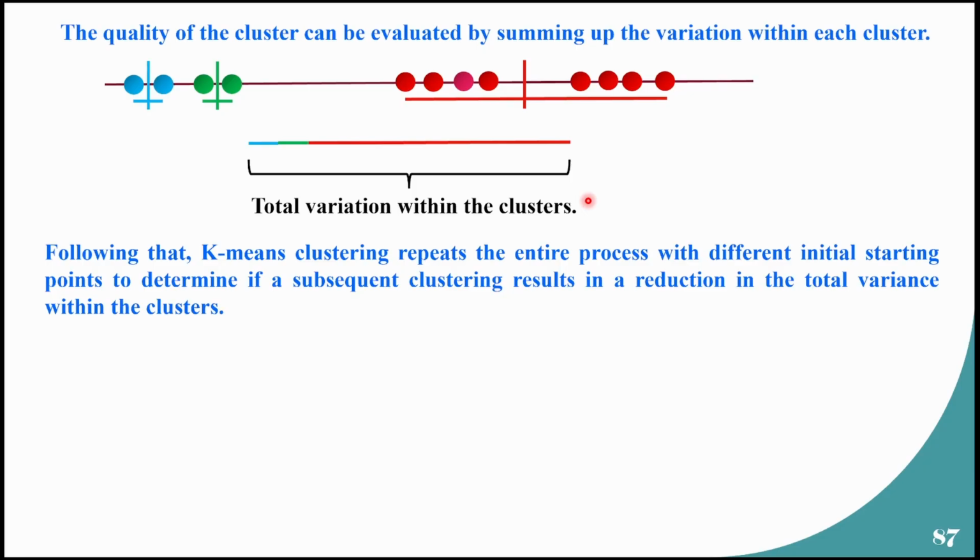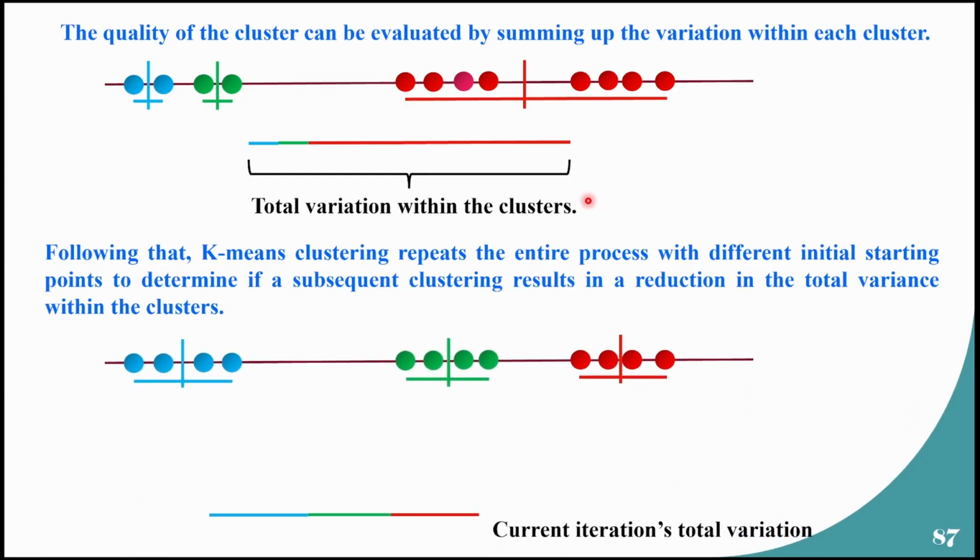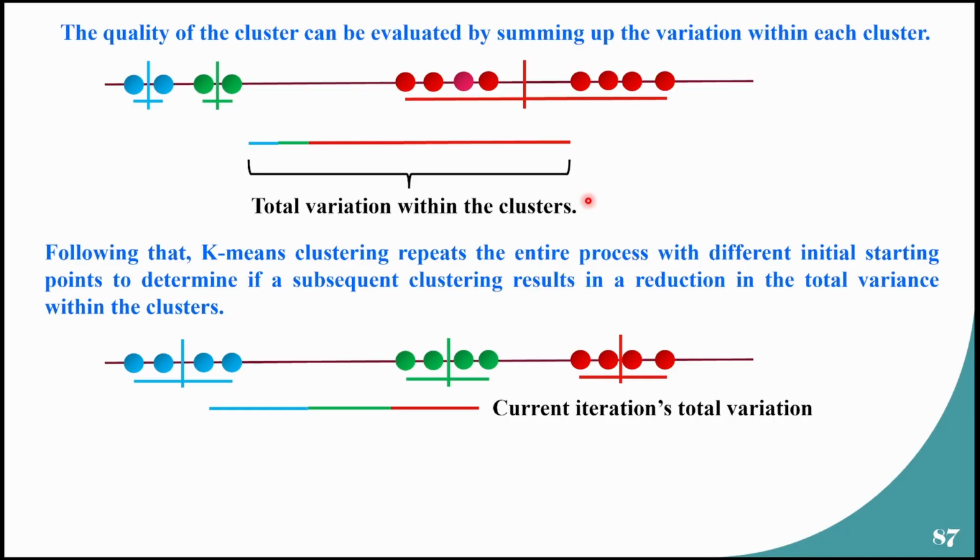It needs to do all of the process again by initializing with some random points to be selected as the cluster representatives. Okay, so it does the same steps again, and this time you will see that the total variation of this iteration is lesser than the earlier iteration. So that means it is possible that the algorithm is finding better solutions in a subsequent step.